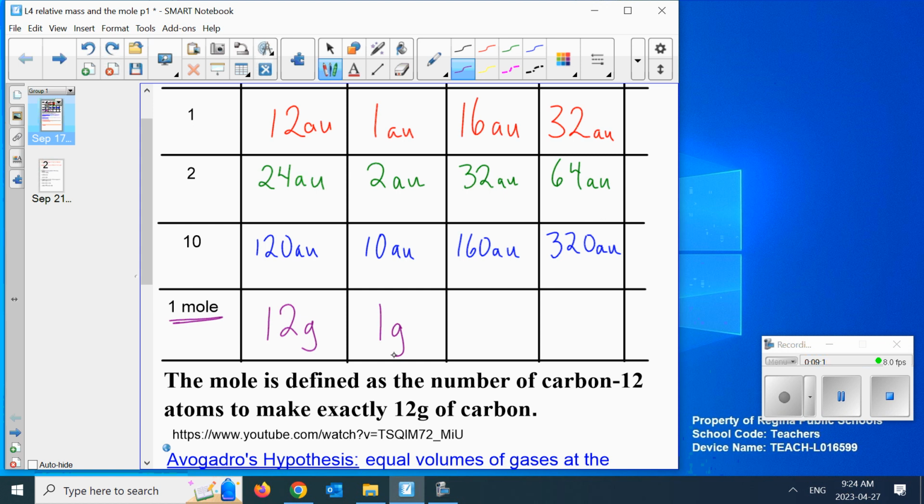So if I weigh 1 gram of hydrogen and I weigh 16 grams of oxygen, I know I've got the same amount. I don't really care what the number is. It is the same. So if I want the exact same amount of sulfur as hydrogen, 32.